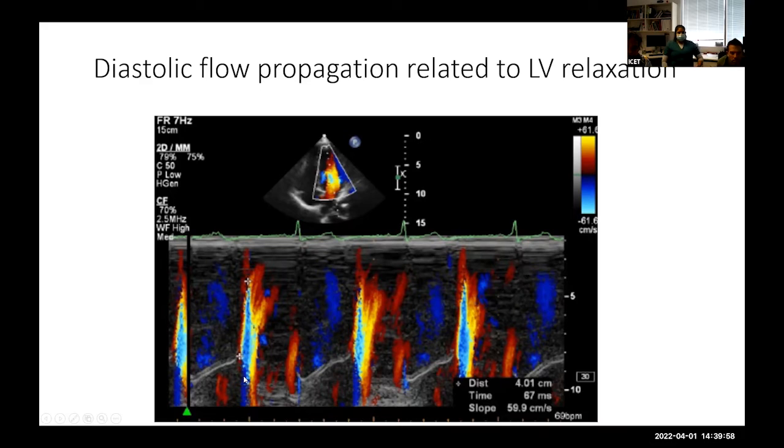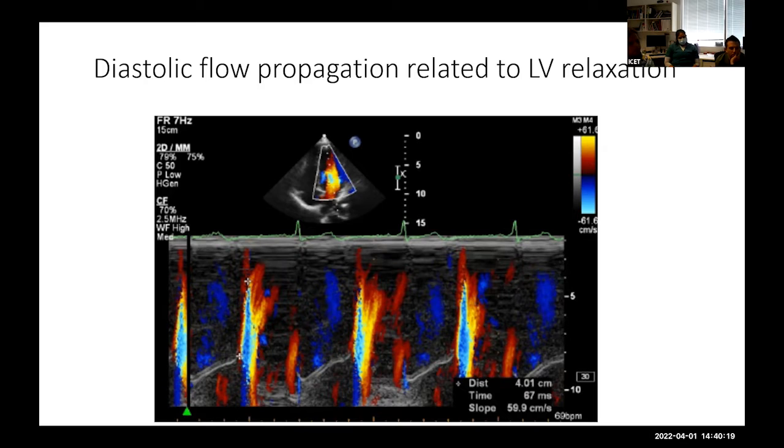And this early flow here, where you can actually measure the slope of the aliasing velocity, is related to relaxation of the ventricle. So it's actually quite a good way to look at the process of relaxation.